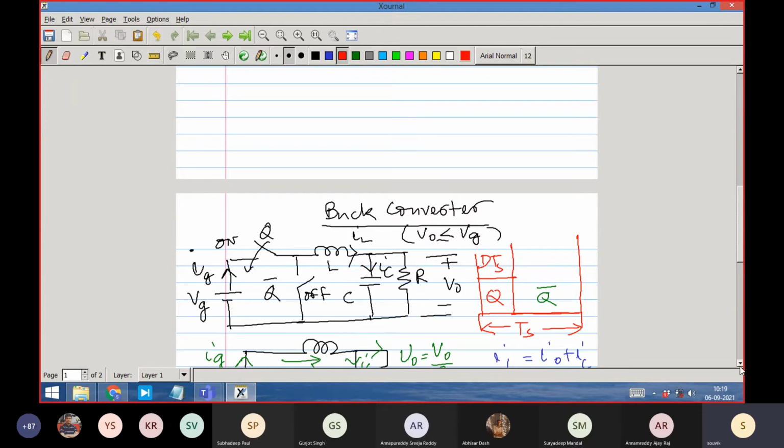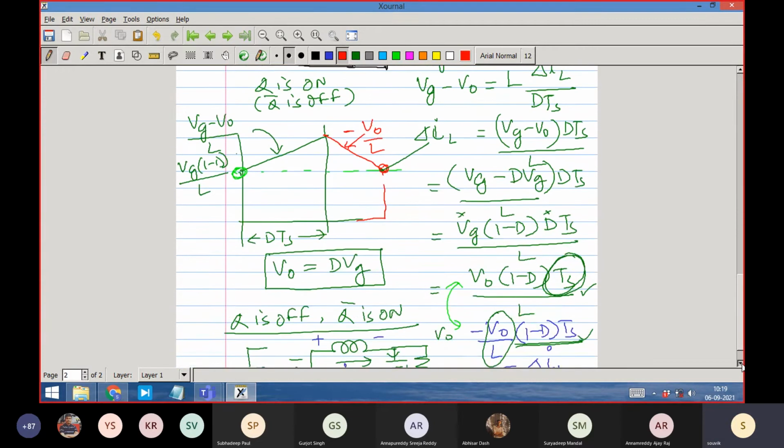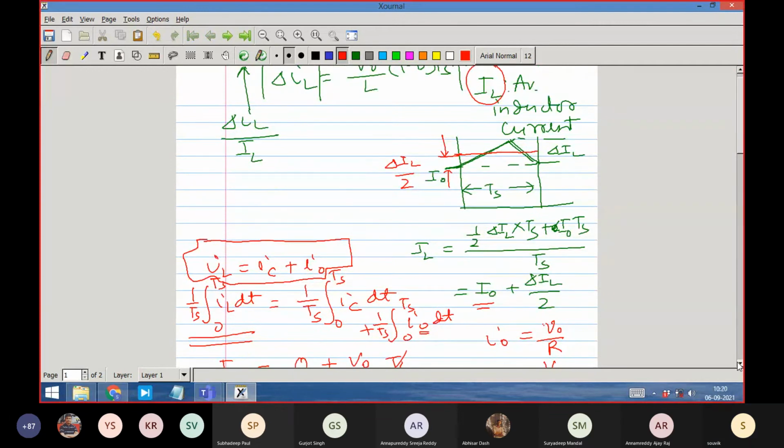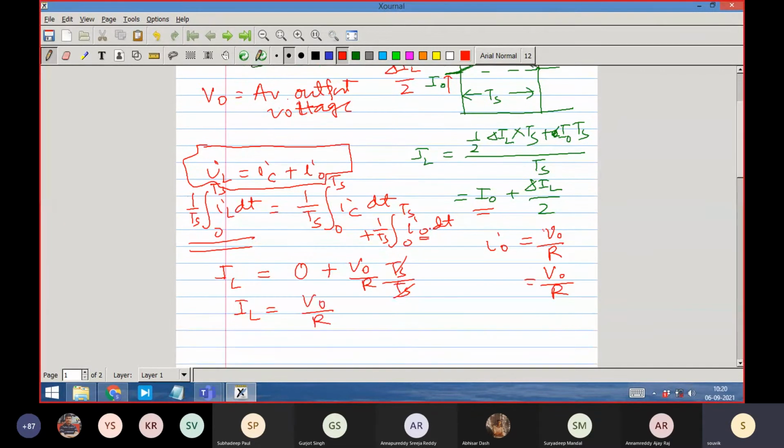So let me write it: we define V naught as the average output voltage. So this equation holds good irrespective of that, because I'm using the principle of average. This is the average condition.